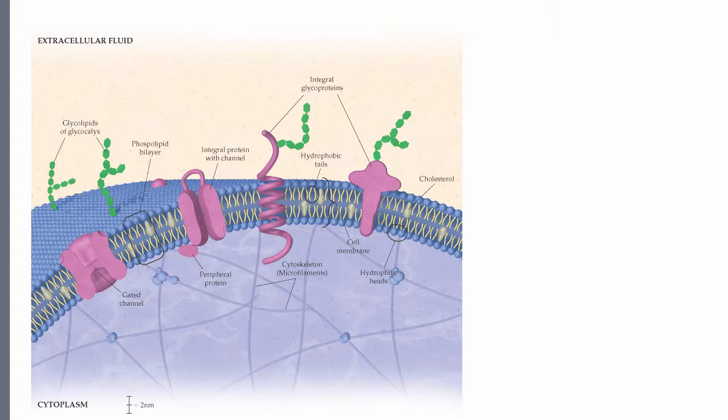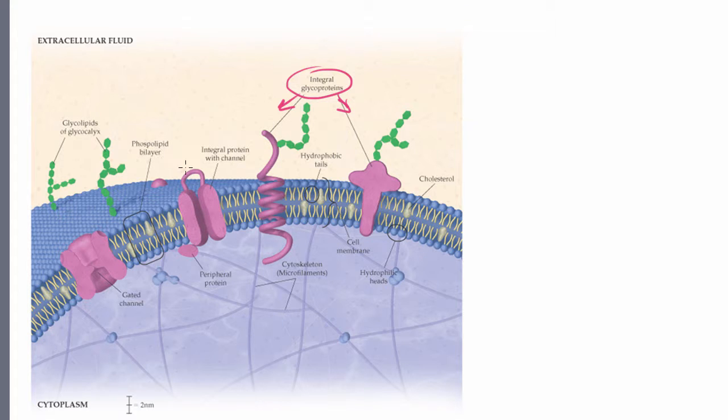We see the different components. It turns out that 20% or more of the mass of the membrane consists of protein molecules, and many of them are what we call glycoproteins. Okay, so right here we see some glycoproteins.